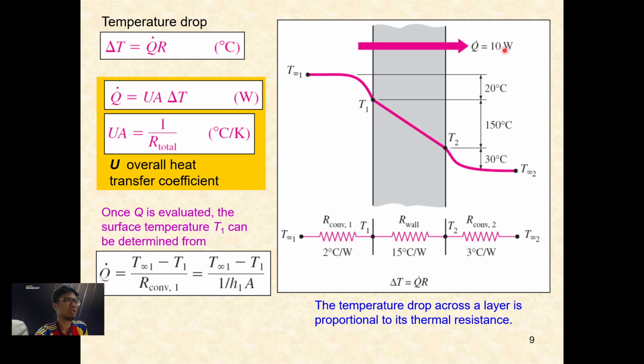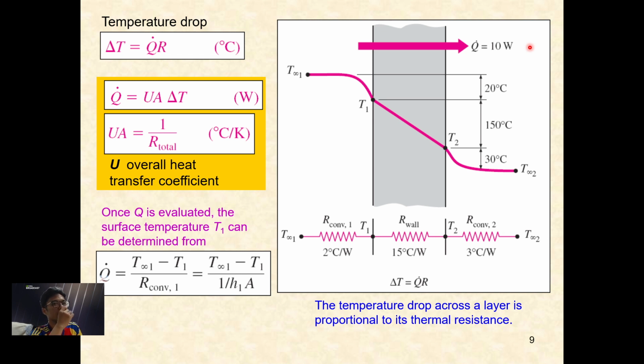So simply Q 10 here times 2 lah sini, you boleh dapat 20 degrees Celsius without knowing the environment temperature and also T1 temperature here. Without knowing those, you can simply find the temperature drop if you have resistance and heat transfer rate for one particular situation.